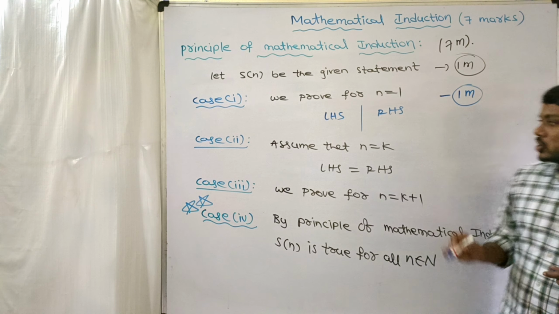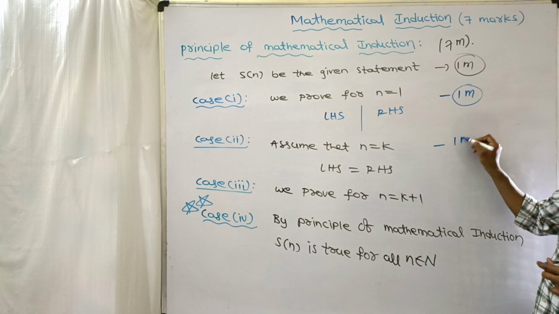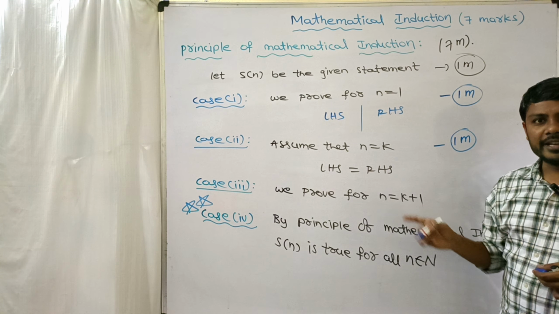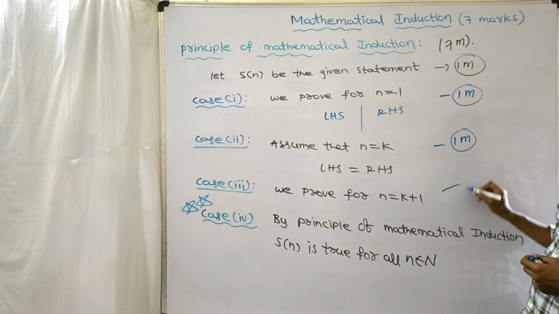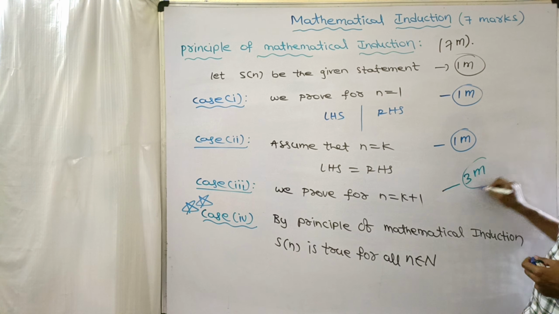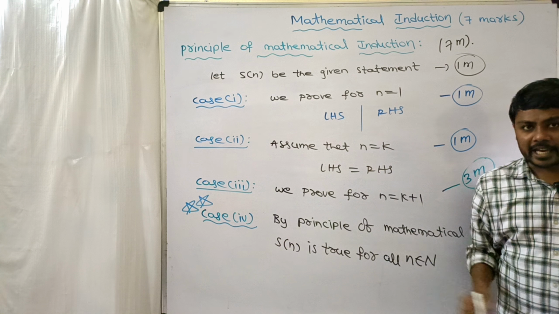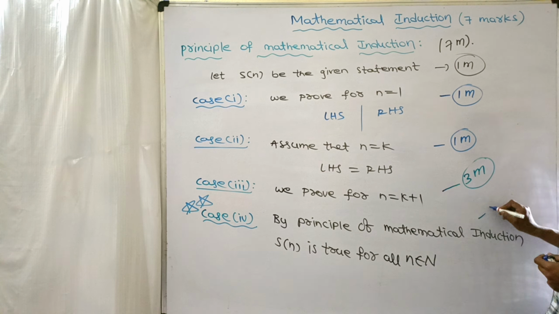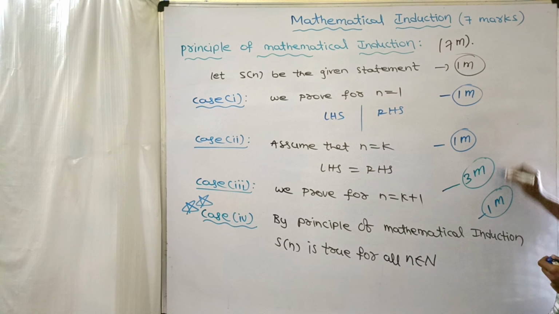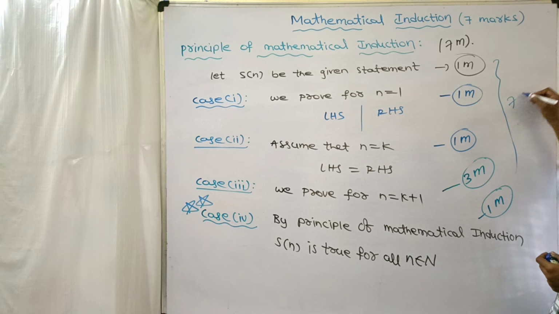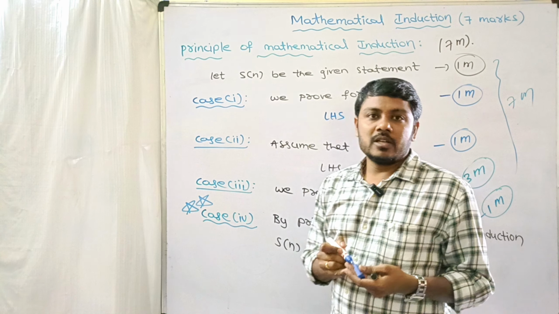For writing case 2, again they will give 1 mark. Next, case 3. For case 3, we have 3 marks. Next, case 4. For case 4, we have 1 mark. So total 7 marks. Okay.